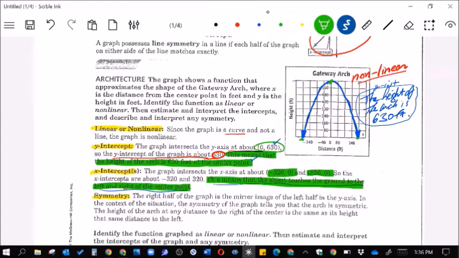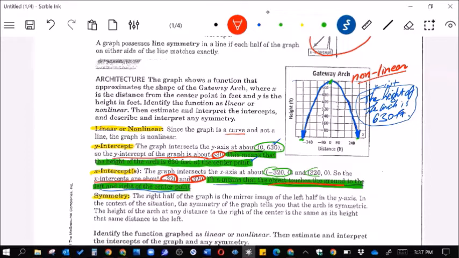So when I'm underlining in green, and I think I'll take that away on these and just circle it. What I'm underlining in green is the explanation about these points, or specifically about the actual x-intercepts. There's one and there's two, the x values of the x-intercepts. So it's where the object touches the ground. Okay, 320 feet away from the center on both sides.